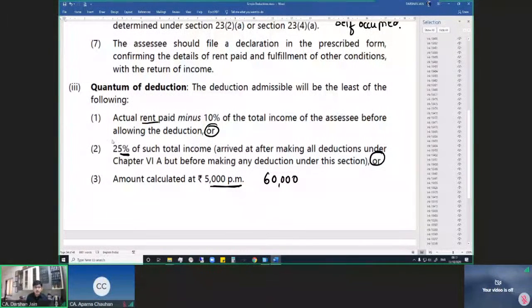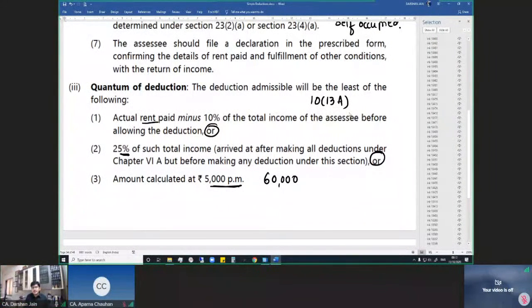Although it is subject to three conditions. The first condition being actual rent paid less 10% of the gross total income. If you recollect 10(13A), you'll realize that it is quite similar to what the conditions are here in 80GG.